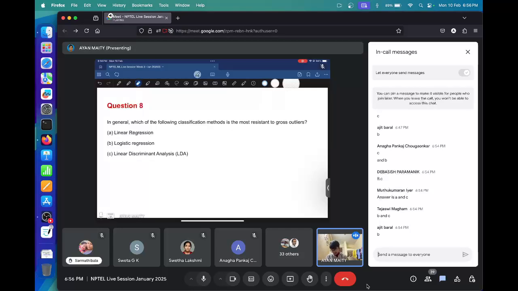Now question 8. In general, which of the following classification methods is the most resistant to gross outliers? The three options: linear regression, logistic regression, linear discriminant analysis.